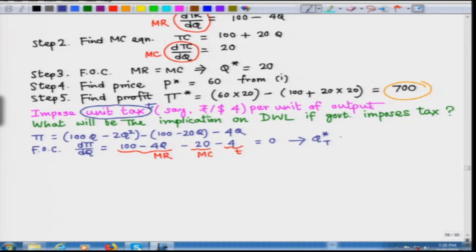So, that basically becomes 19. Okay. Note that last time we have obtained q star equal to 20, that is the pure monopoly output without taxation. So, let us now draw a diagram to understand what is exactly happening here.